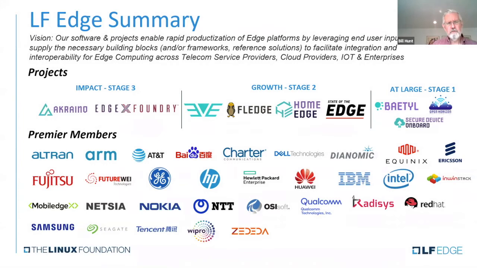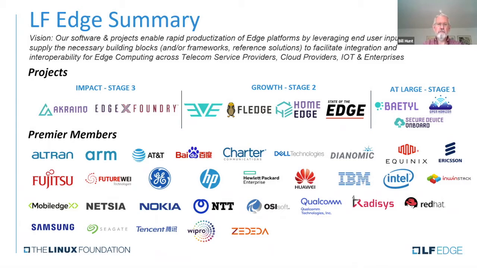Now, open source is probably the best way of eliminating silos, making sure that everything works with everything else, and that's why we at Dianomic gave the code to the Linux Foundation. One of the challenges with open source is you don't want to build your infrastructure around something that was built by two guys in a garage.